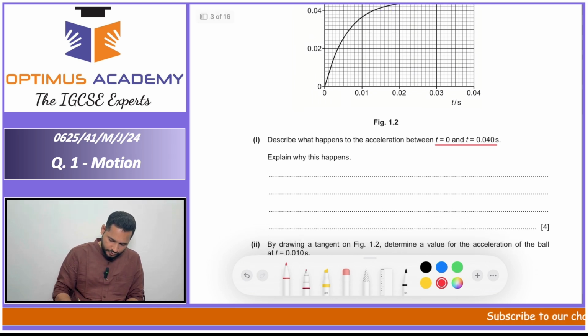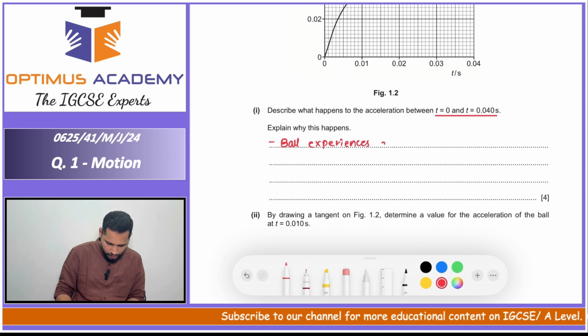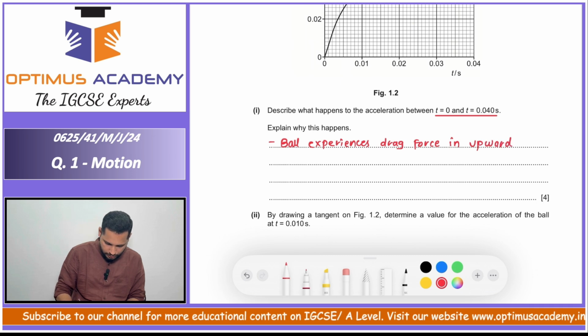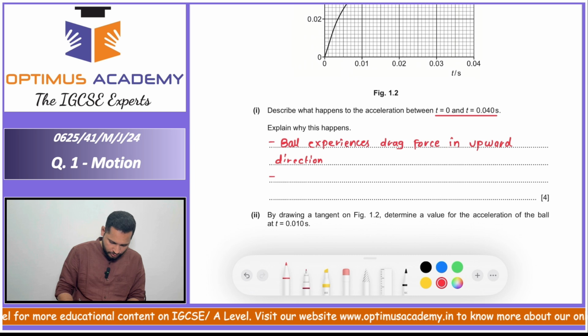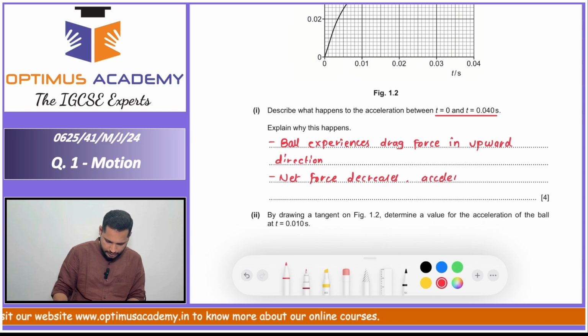So in the pointers, we can write: ball experiences drag force in upward direction, because of which the net force on the ball decreases, the acceleration decreases.